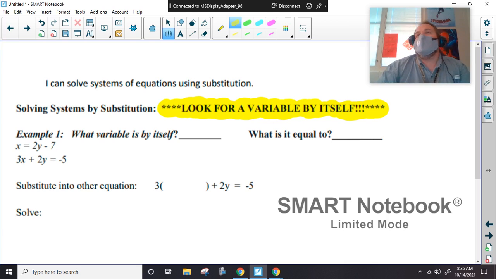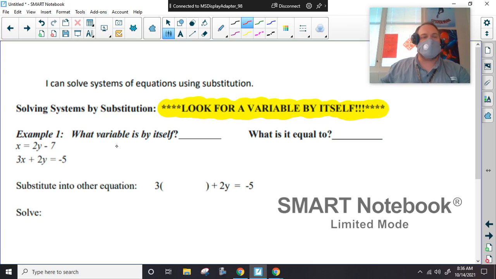Now, this is the second of the three methods that you have to solve systems of equations. Some people use substitution for everything. They love this method. They will do whatever they need to use it. That's fine.